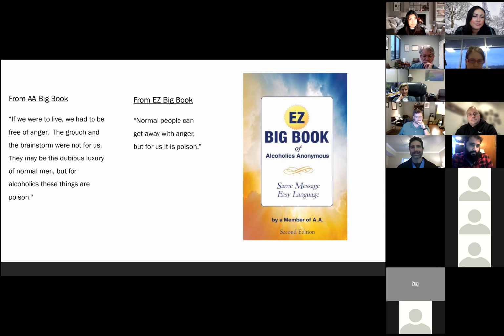So I like this idea a lot. It can really just take something like, the grouch and the brainstorm, I'm still not sure exactly what that means, but they capture the biggest ideas from that. And this can be helpful for somebody who's really struggling with reading the literature, reading the text.